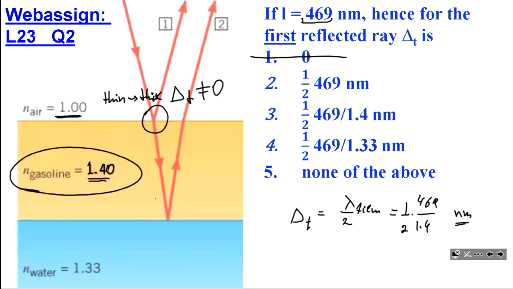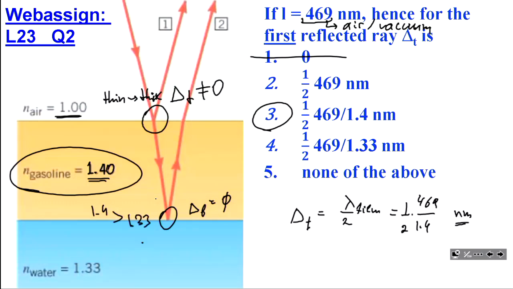Right, and for this one, so this is air or vacuum. And here, delta B, that should be 0, because 1.4 is greater than 1.33. No shift. That's the most important part of it.